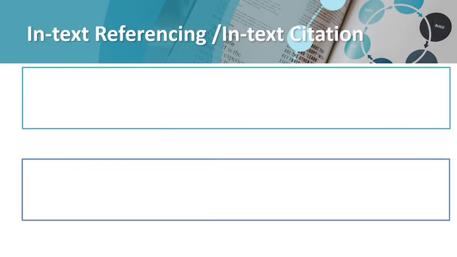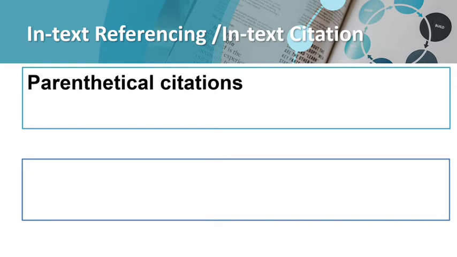Now, let us proceed with in-text referencing, also known as the in-text citation. First, we have here the parenthetical citations. These are citations to original sources that appear in the text of your paper or in the body of your research paper. This allows the readers to see immediately where your information comes from, and it saves you the trouble of having to make footnotes and endnotes.